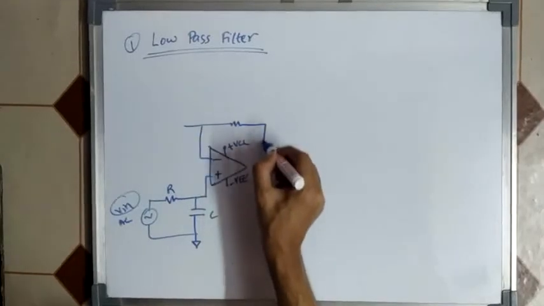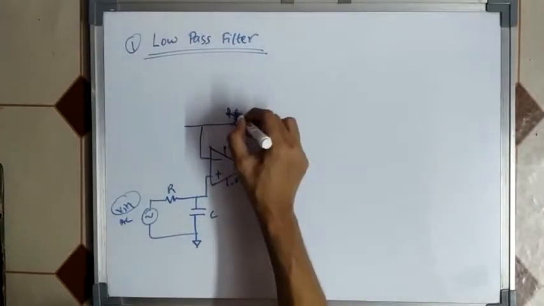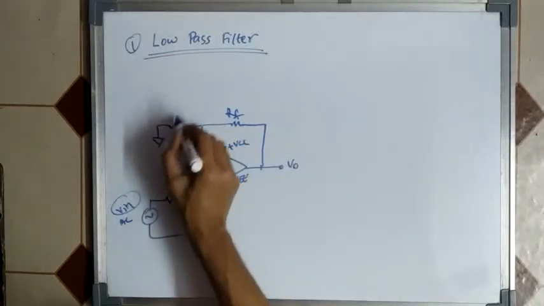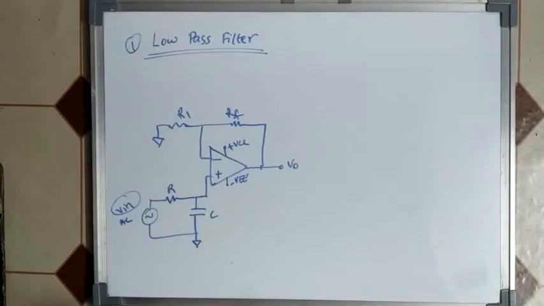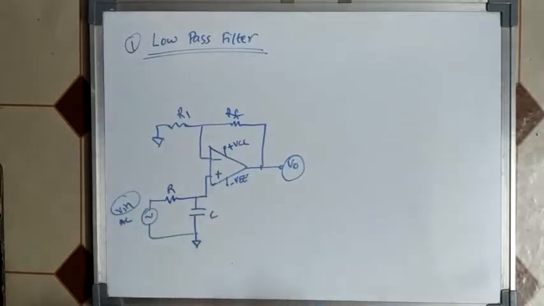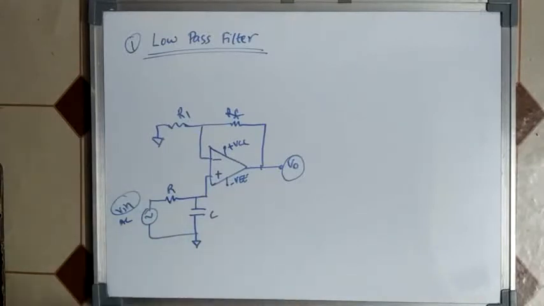So this is a non-inverting amplifier. This is the output as V0 and RF is the feedback. Vin is the input and V0 is the output. This is the circuit for the low pass filter.